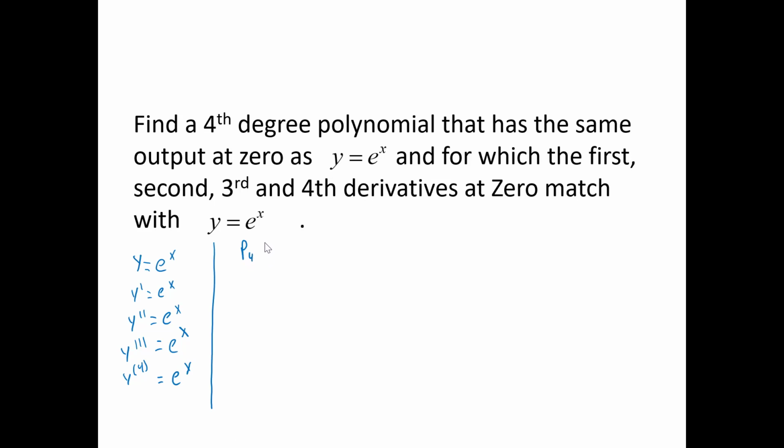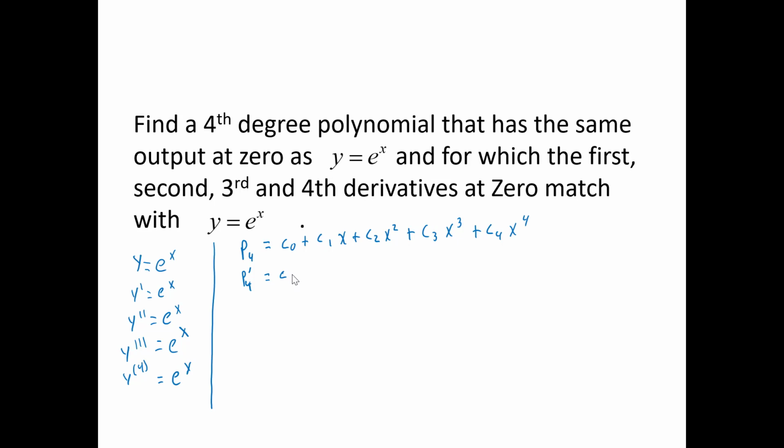P4, because we have fourth degree. And so then this will be a constant C naught plus C1 x plus C2 x squared plus C3 x cubed plus C4 x to the fourth. Okay? And again, if I take the first derivative, the constant term goes away.